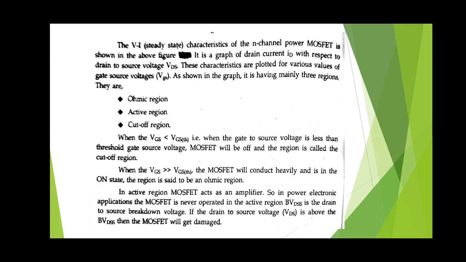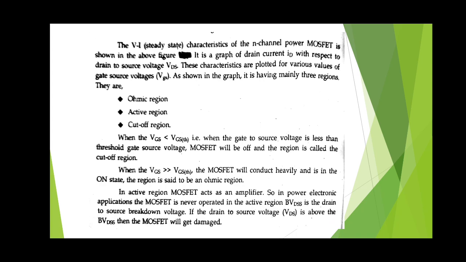When the gate to source voltage is less than the threshold gate source voltage, MOSFET is off and it is in the cutoff region. When the voltage between gate to source is less than the threshold voltage, then the MOSFET is in off state, that is it is working in the cutoff region.